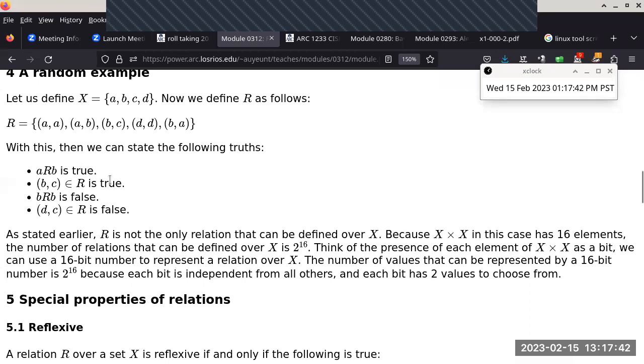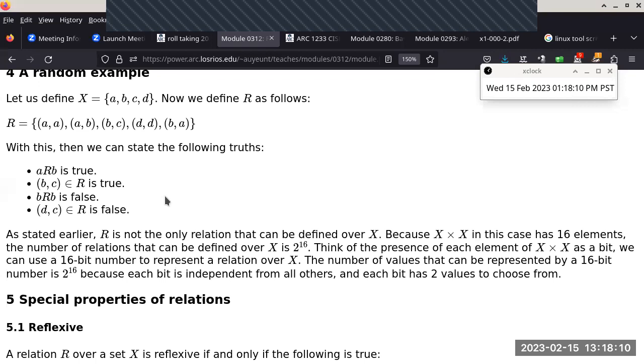So the terminology is, you can say A R B is true. So R, as the name of the set, can also be seen, quote unquote, as an operator. Okay, that's one shorthand. You basically say A and B are related. You can say BC as a two tuple is in R, because this time I'm looking at BC as an element of the set. We're using the element of operator here.